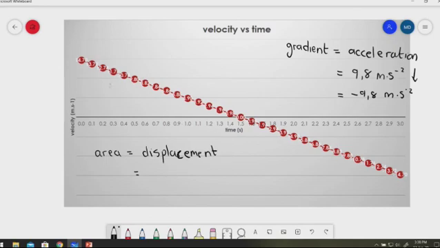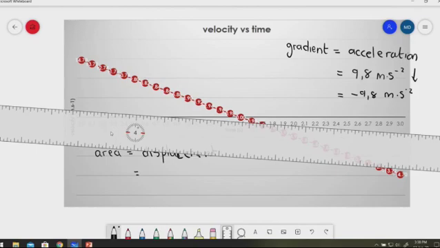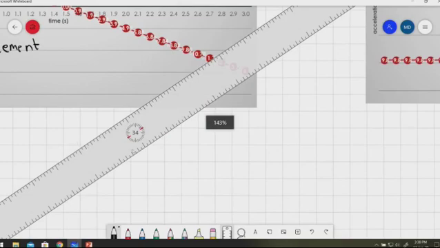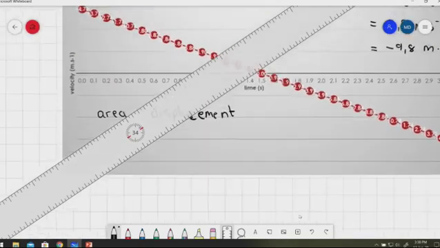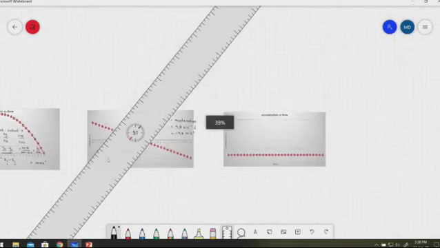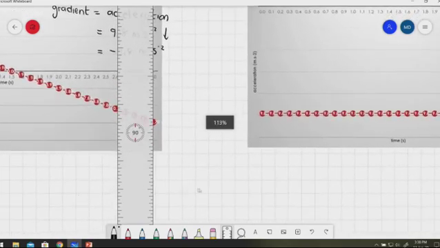Now, guys, if we look here, let's use similar values to what we used earlier. Let's say I want to calculate the displacement for this object between 0.2 seconds and let's say 0.5 seconds, shall we?